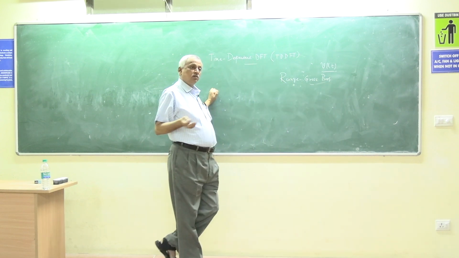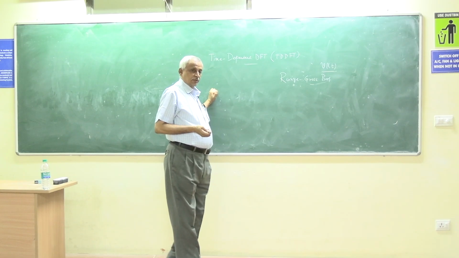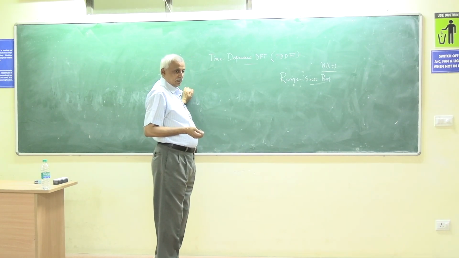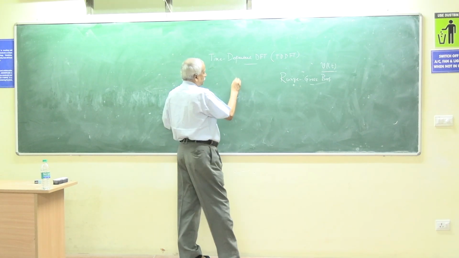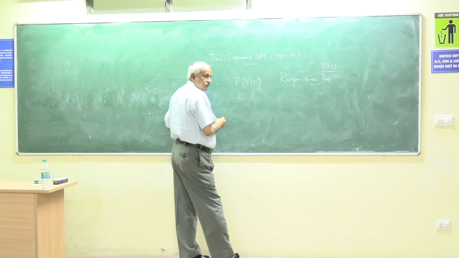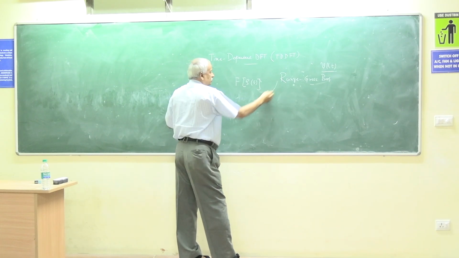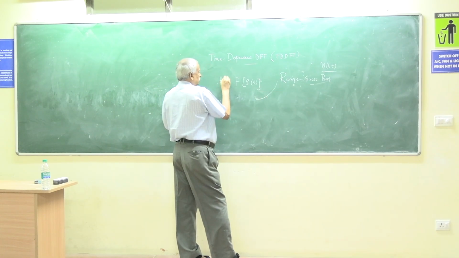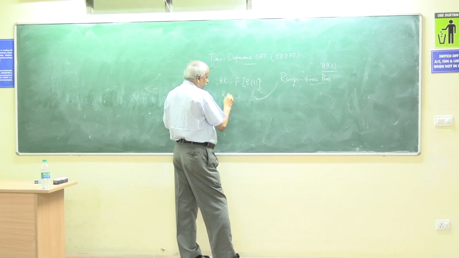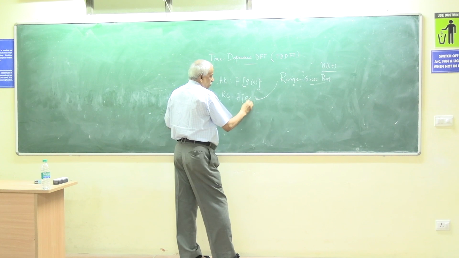What Runge and Gross had shown is that in the Hohenberg-Kohn theorem, any property is a functional of density. Now Runge and Gross had shown that the density is also space-time dependent because it is changing.